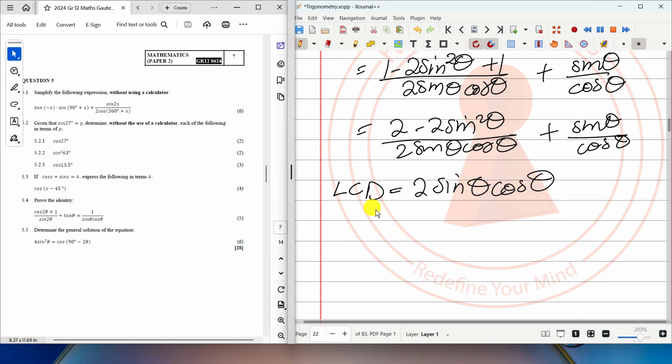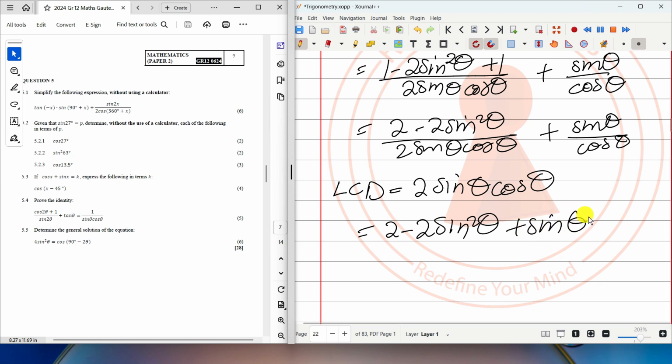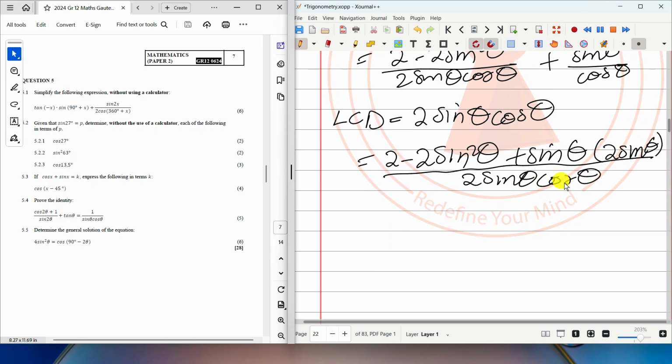Now, multiplying throughout, this part multiplied by the LCD over the denominator of the fraction will be 1. So here we have 2 minus 2 sine square theta plus sine theta, LCD divided by the denominator of this fraction, we will be left with 2 sine theta, all over our LCD, which is 2 sine theta cos theta.